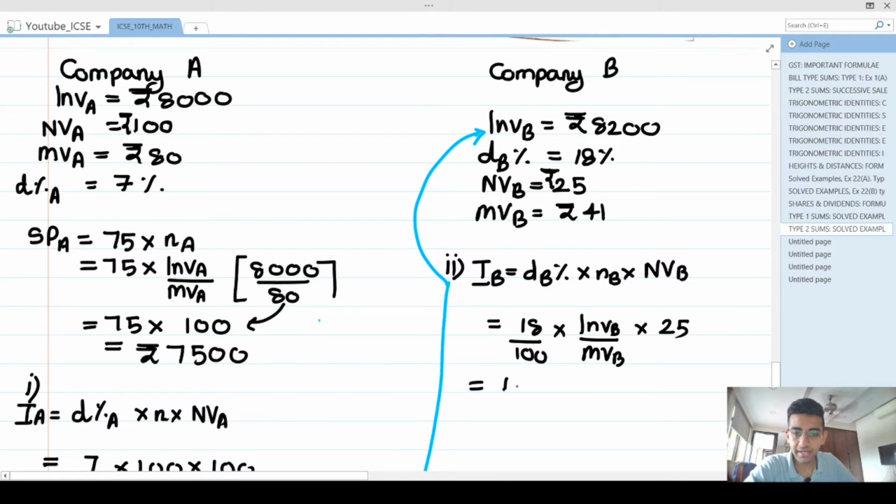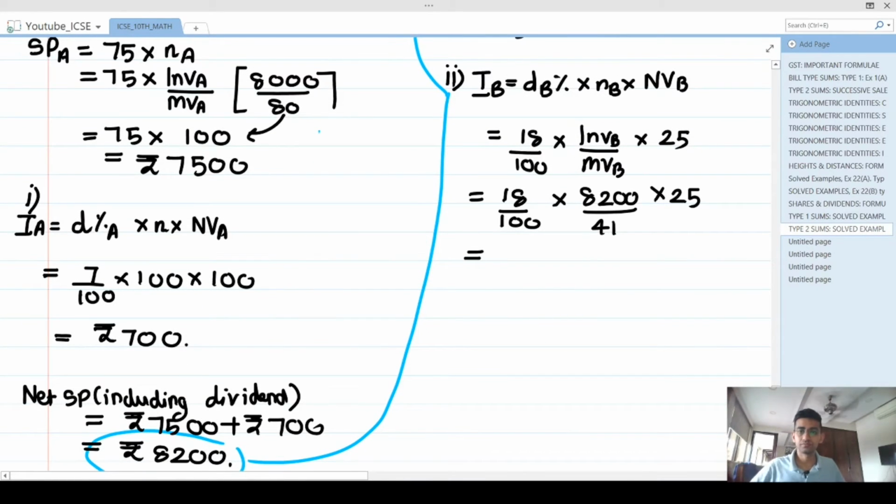This becomes 18 upon 100 into 8,200 divided by 41 into 25. Once you work this out, what will you get? We get 0.18 into this, which is rupees 900. This is alright. So we found our first two subparts.